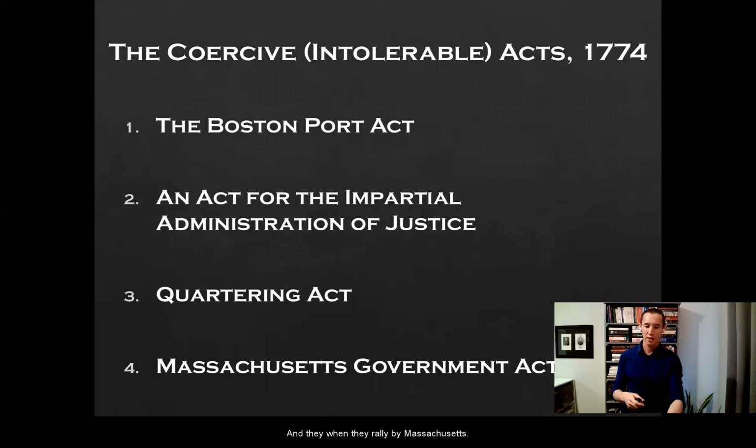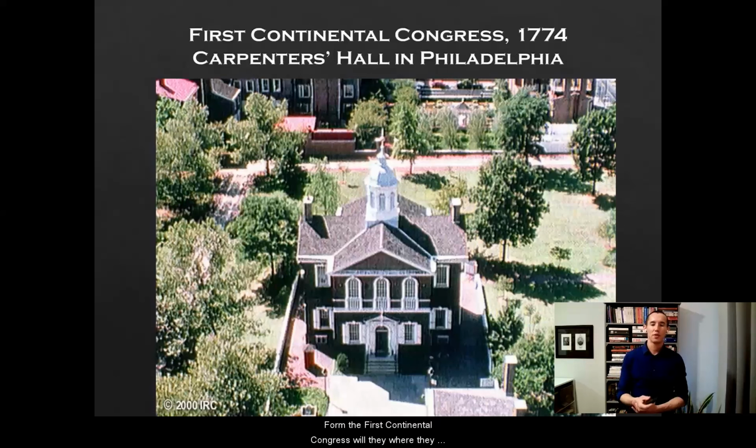And when they rallied behind Massachusetts, they will form the First Continental Congress, where they will send a letter to England saying, please stop doing this. Please go back to the way things were in 1763. And that's why that date is so important. They will say, please go back to the way things were in 1763.